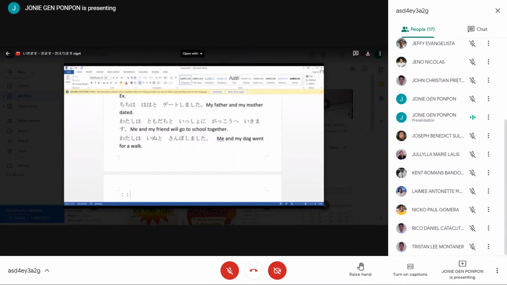Okay, by the way, in this sentence pattern, there is a parang exemption. Okay, so exemption here is if you want to do something alone, parang ganon. Because there are certain times, right, na gusto mong gawin na isang bagay mag-isa.